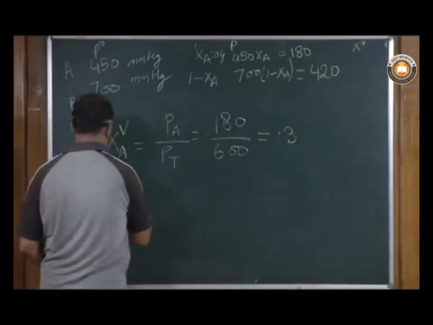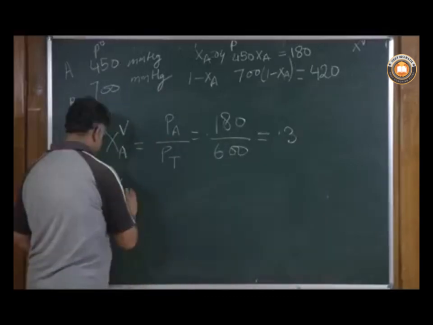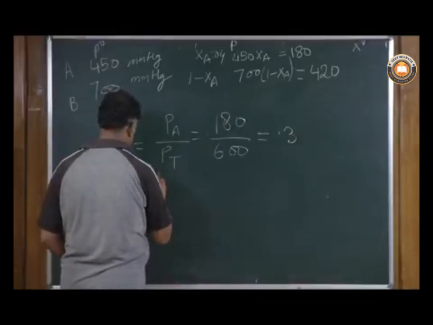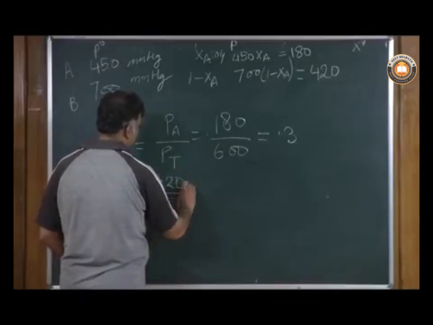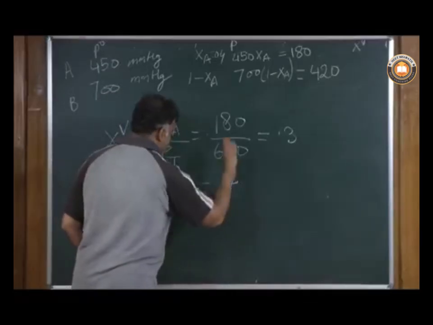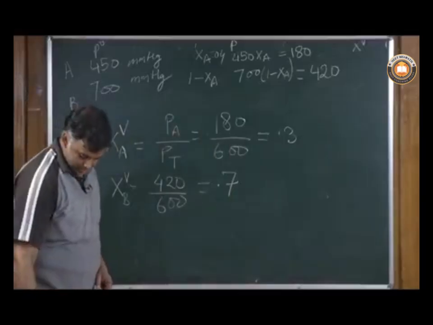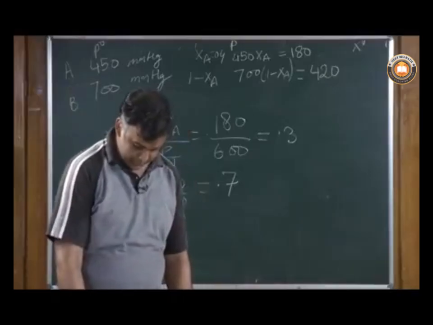I can calculate the mole fraction of B in the vapor phase either by 1 minus 0.3, or I can try that one also just for checking: 420 divided by the total pressure, that is 600. I get the same answer by using both methods, and I have completed this task starting from the very basic principles.